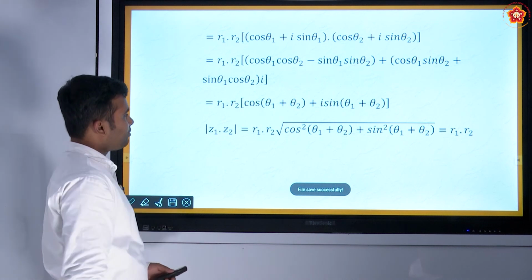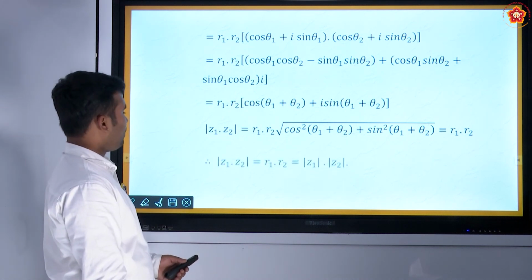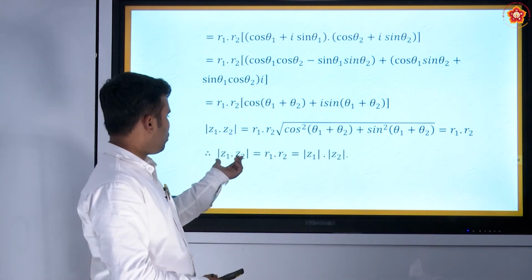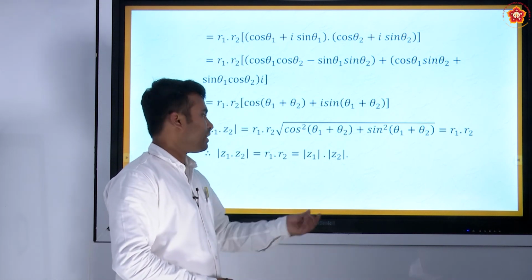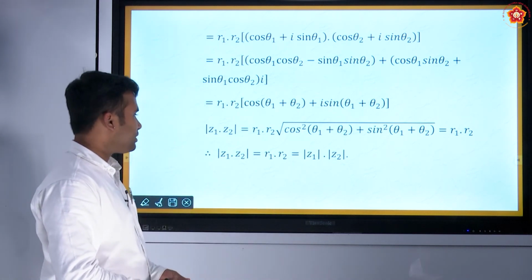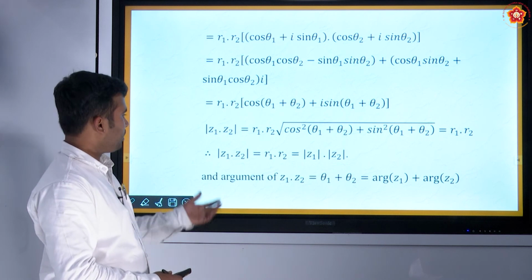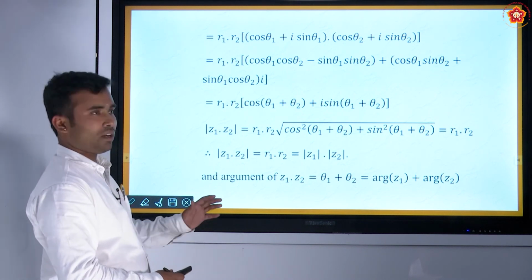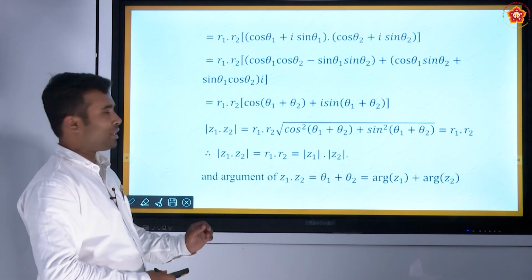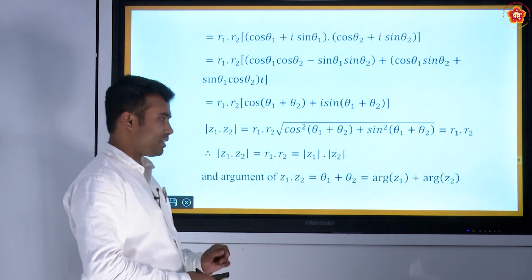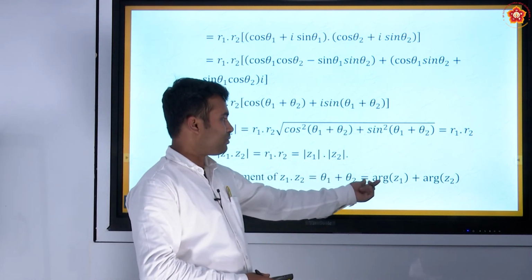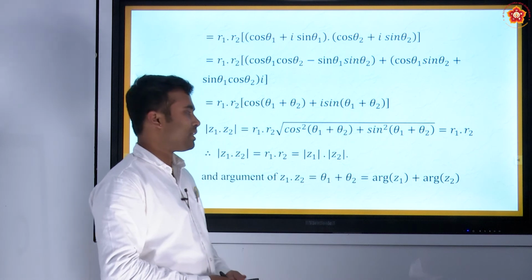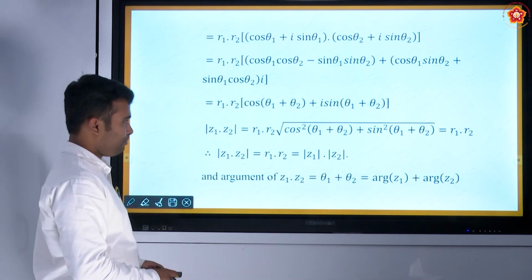After replacing, we have modulus of Z1 into Z2 is equal to modulus of Z1 into modulus of Z2. That is actually the proof. Hence, we can define its argument as well for the complex numbers Z1 and Z2. The argument of Z1 into Z2 is equal to theta 1 plus theta 2, which is equal to argument of Z1 plus argument of Z2.